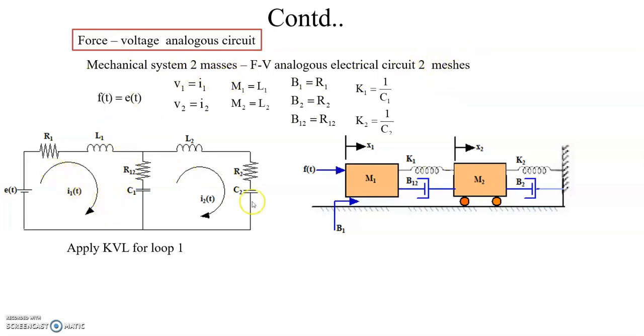The force applied to mass M1 is represented by a voltage source f of t in the first mesh.